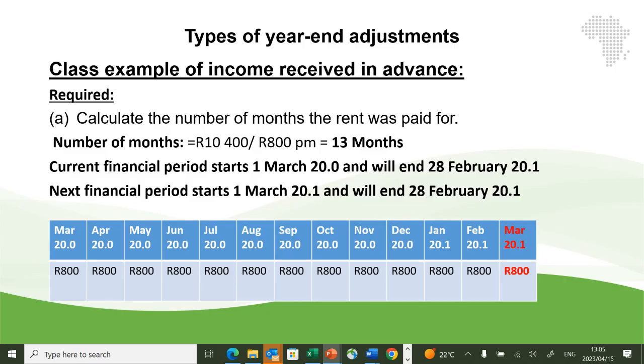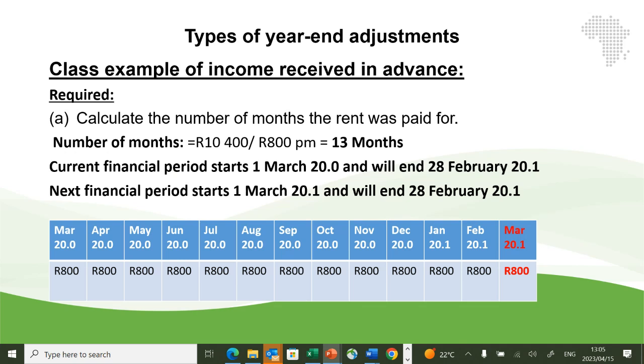Which makes the 13 months, because we know a financial period has only 12 months. So the current financial period is just a repetition here. Current financial period started when? On 1 March 20.0, and it ends on 28 February 20.1. And the next financial period will start on 1 March 20.1, and it will end in February.